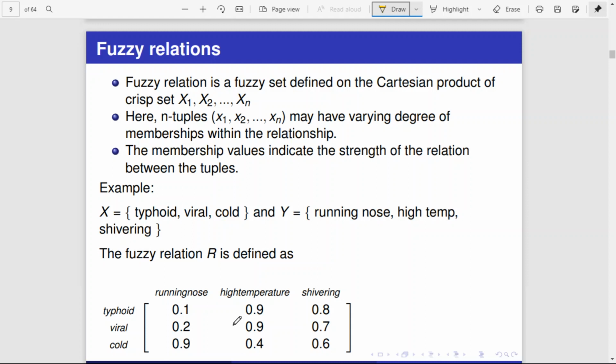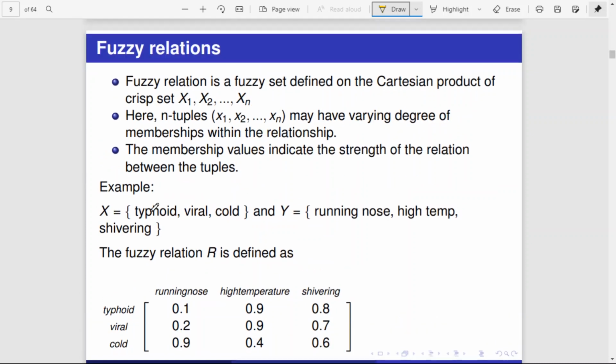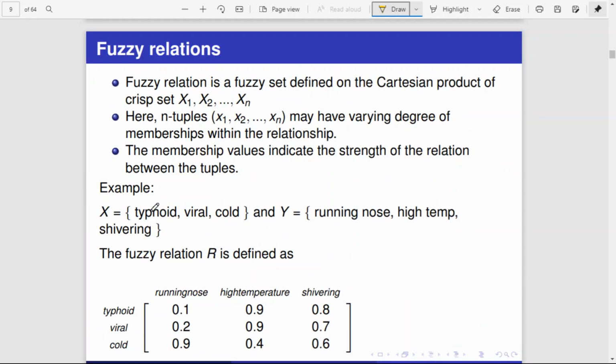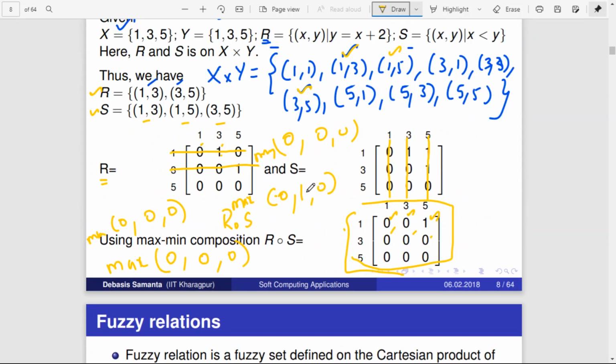Okay, right. So let us discuss with some examples. Assume that there are two sets. The basic difference between a crisp relation and a fuzzy relation is, in a crisp relation, if you observe, it will take only values like 0 and 1.